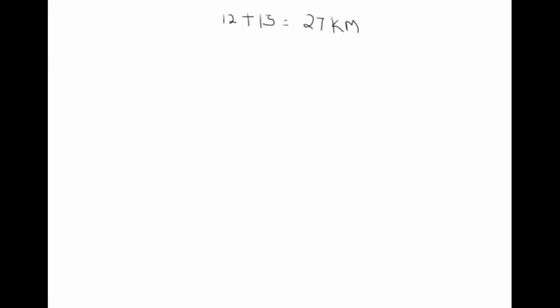Then, the average speed for the whole journey, speed is distance over time taken. We have the distance. Then, let us get the time which was taken.